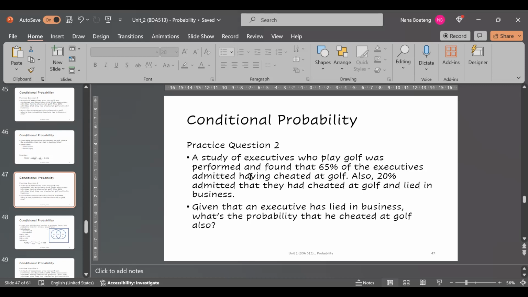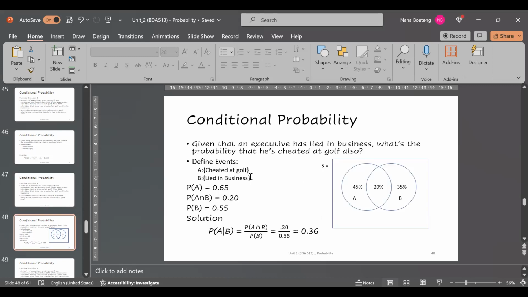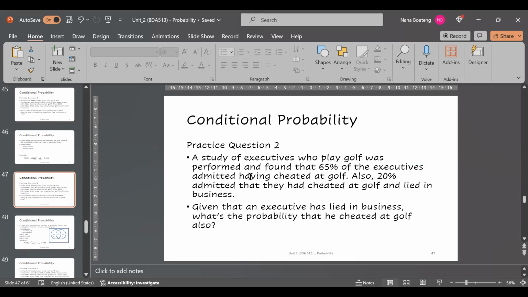So I did it when we do the formula: the probability of A plus probability of B minus the intersection. The probability of A is given, that's the 65%. The probability of B is not given, and the probability of the intersection is given, that's the 20%. And then the total should amount to 1.